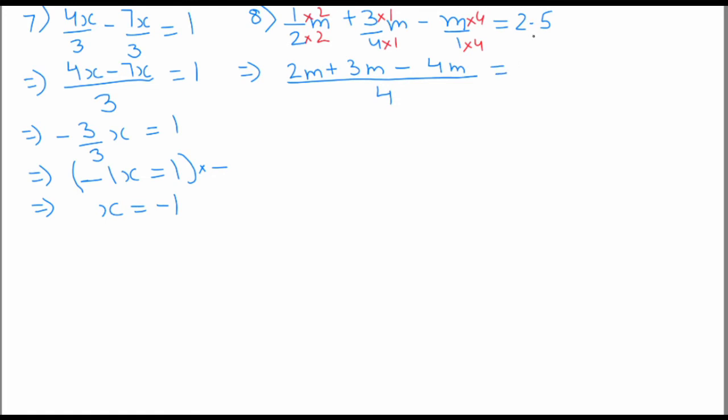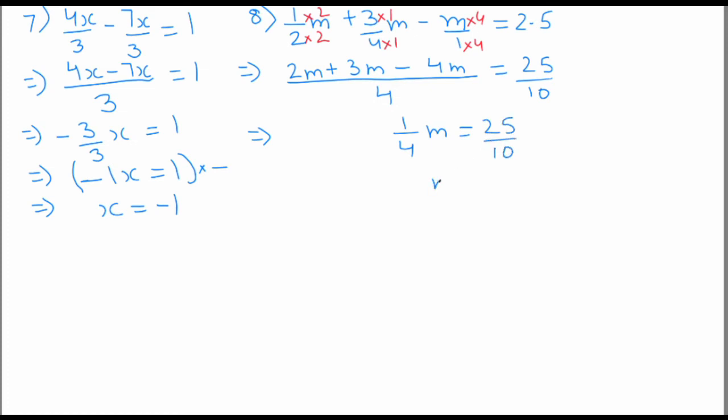And I just want to remove this decimal, so I'm writing 25 over 10. Now this will be 5 minus 4, means 1 by 4m equals 25 by 10.